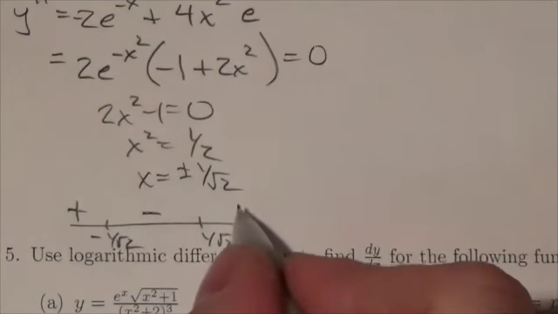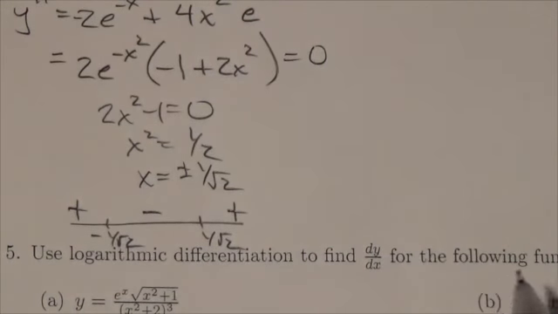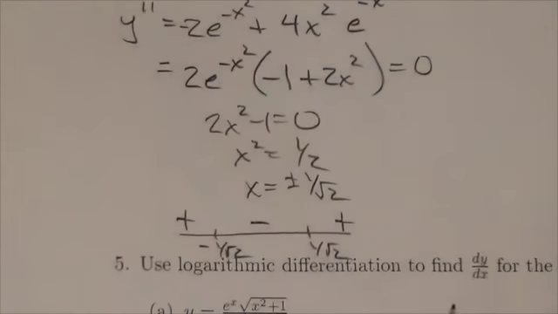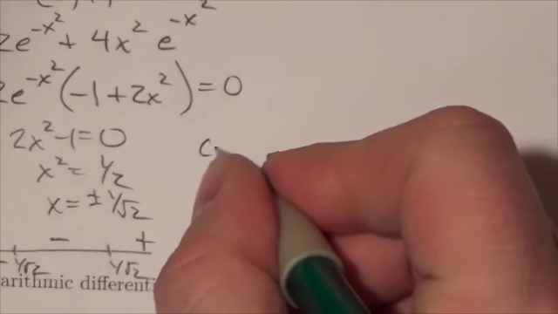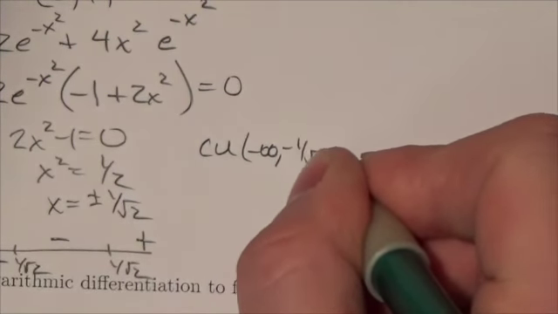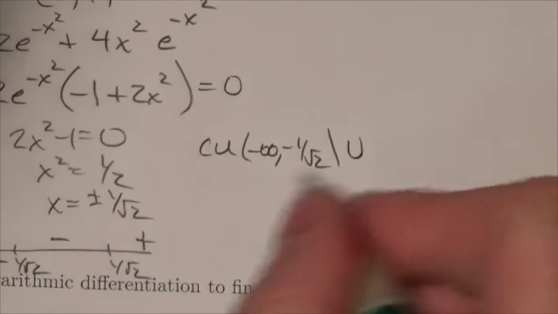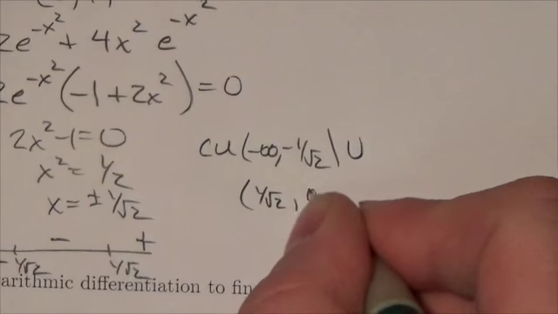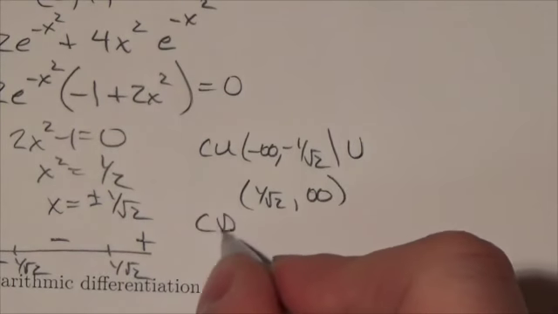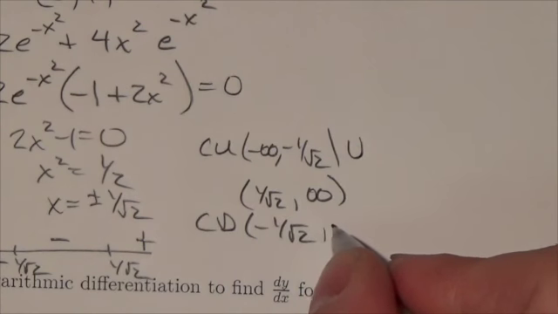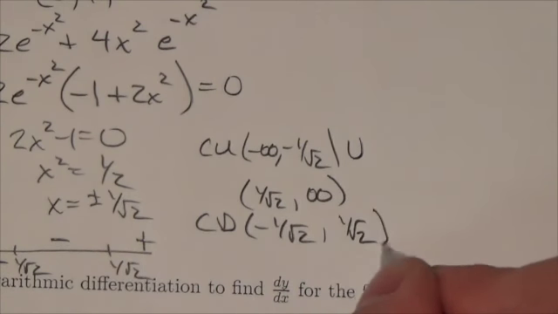And because of symmetry, I know it's going to be positive out there. So this tells me it's going to be concave up on the interval negative infinity to negative 1 over root 2, union positive 1 over root 2 out to infinity. It's going to be concave down on the interval between negative 1 over root 2 and positive 1 over root 2.